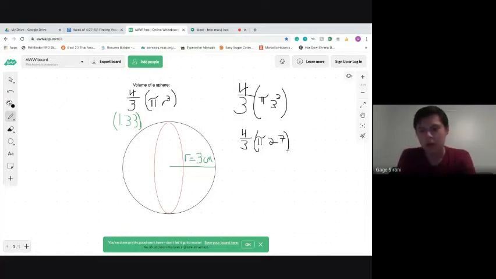Pi times 27, remember that pi is 3.14, so that is going to be 3.14 times 27, which is 84.78, and we still have 4/3 times that.